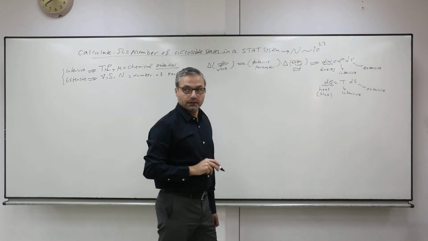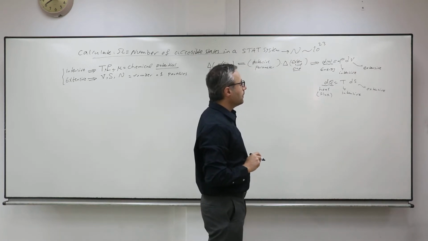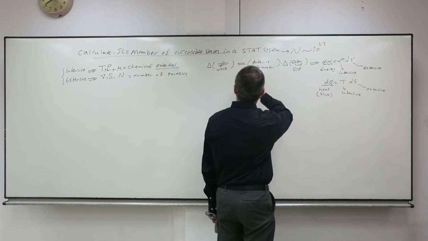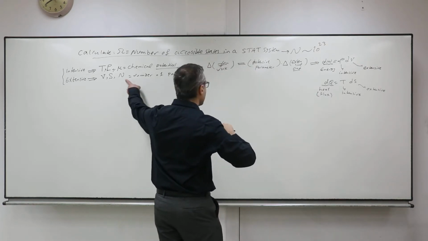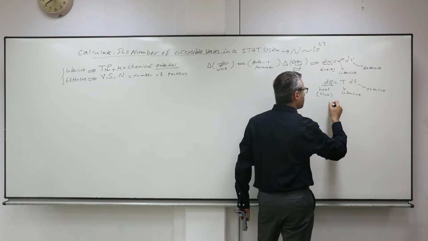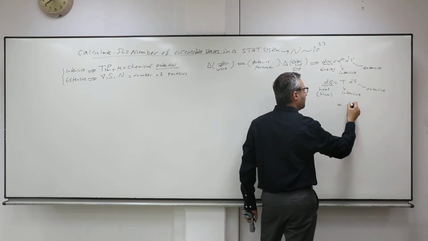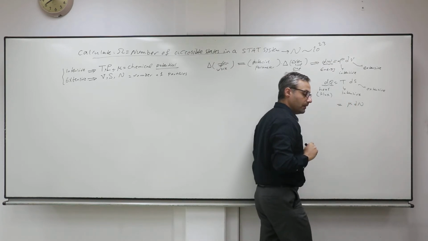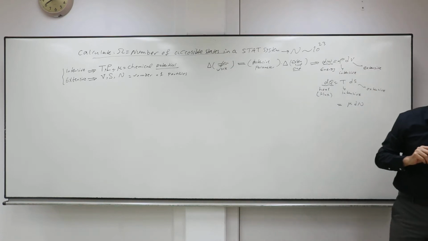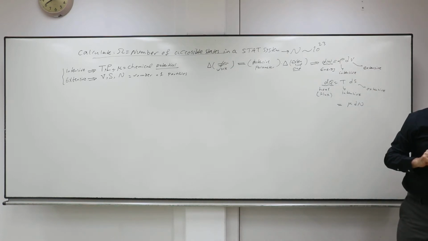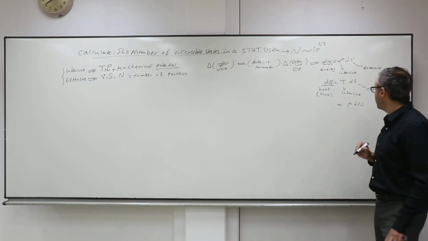So these two terms came from the first law of thermodynamics, but there is another equation related to the change in the number of particles, mu dN, which we can call the definition of the chemical potential.